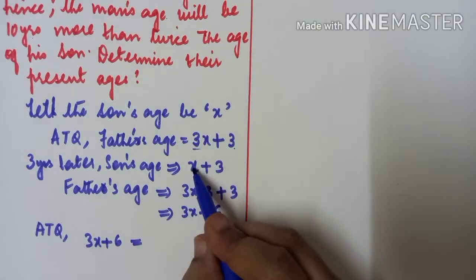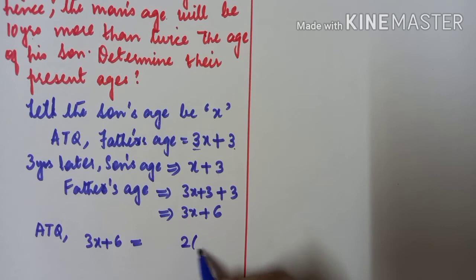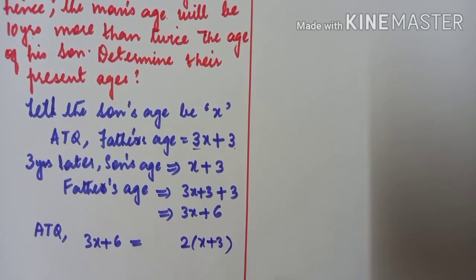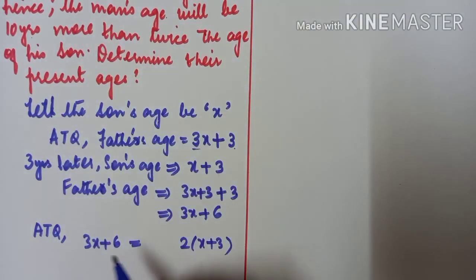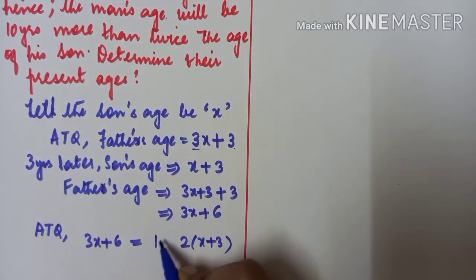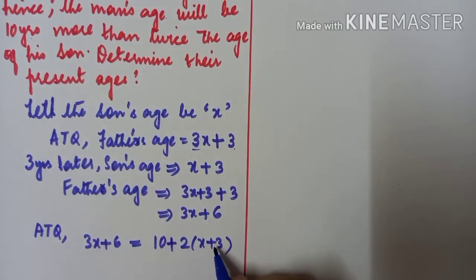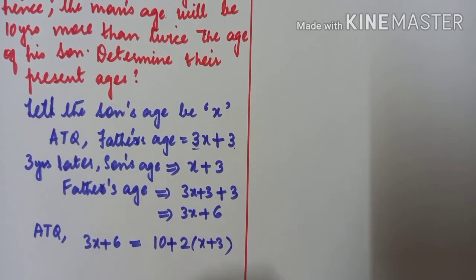The age of his son is x plus 3, so twice the age of his son means 2 times x plus 3. The man's age is 10 years more, that means 10 plus 2 of x plus 3. So this is the equation you got.